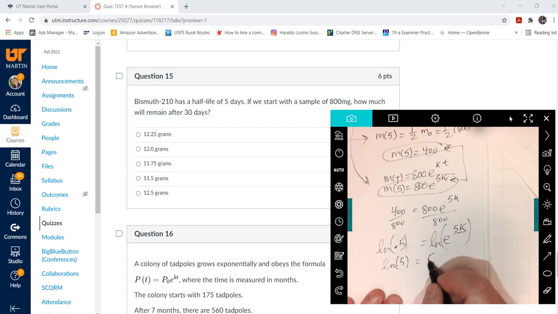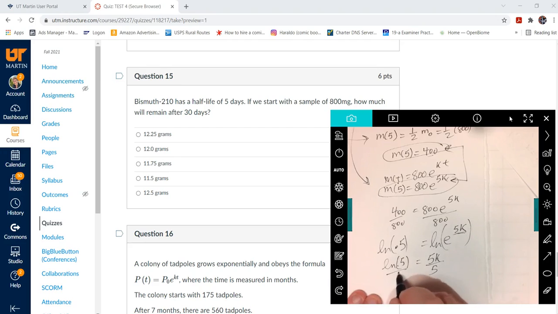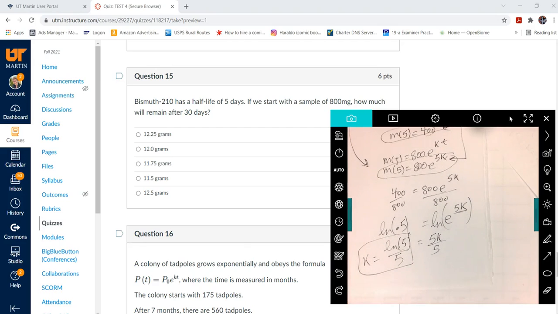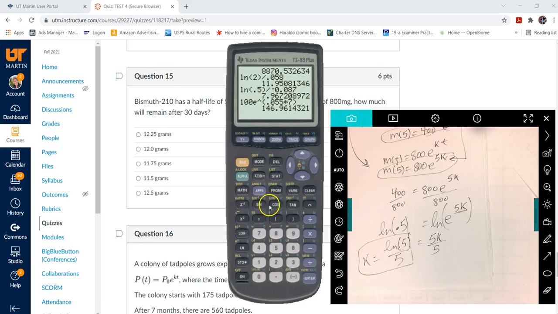So the 5k will come out the front, times ln of e, which is just 1. And this is my exact answer for k. Now, you're going to have to take k to at least 4 significant figures. So let's do ln of 0.5 divided by 5.